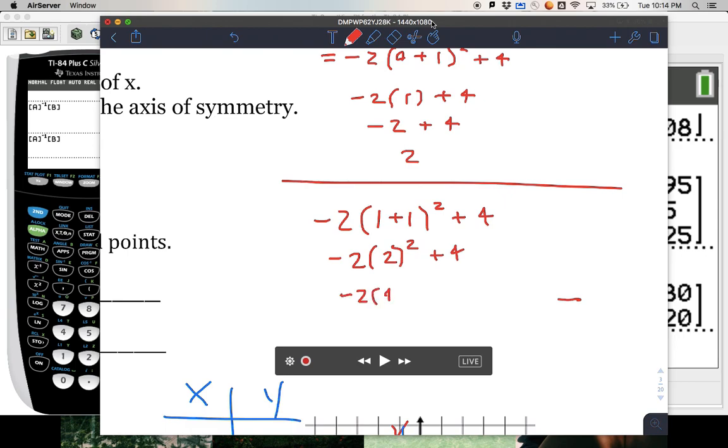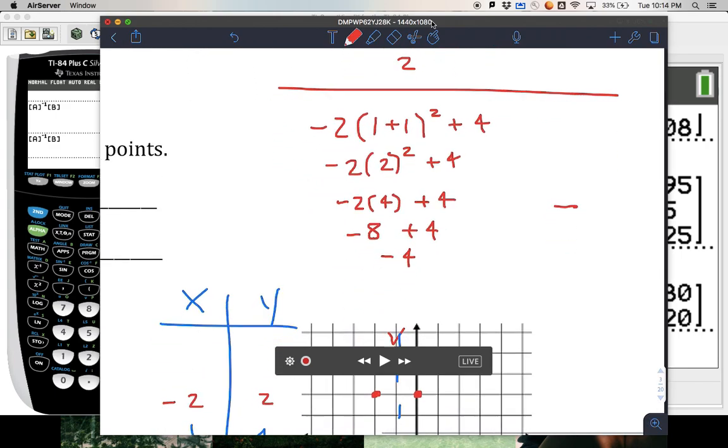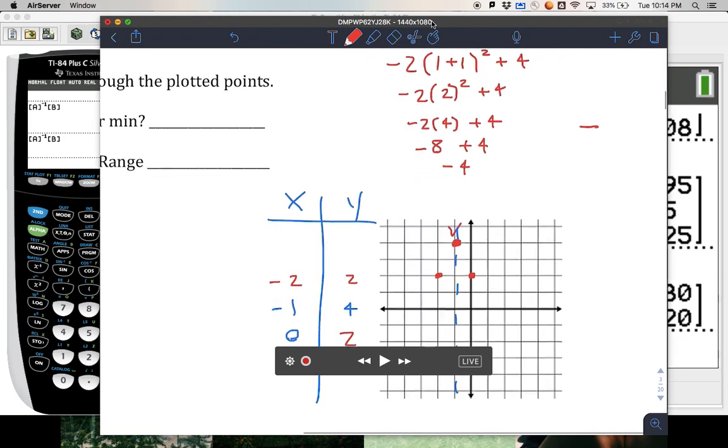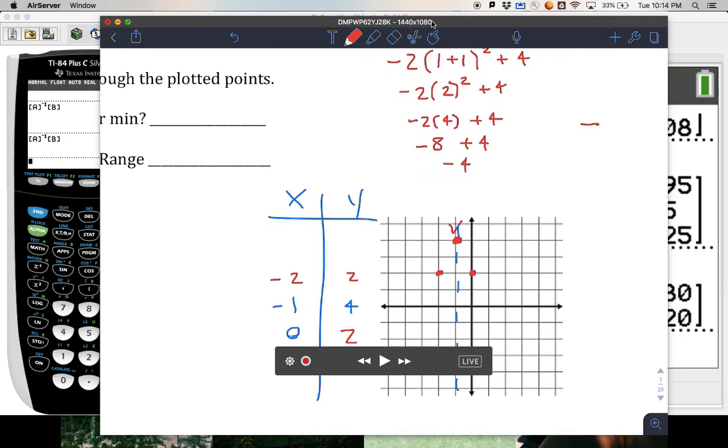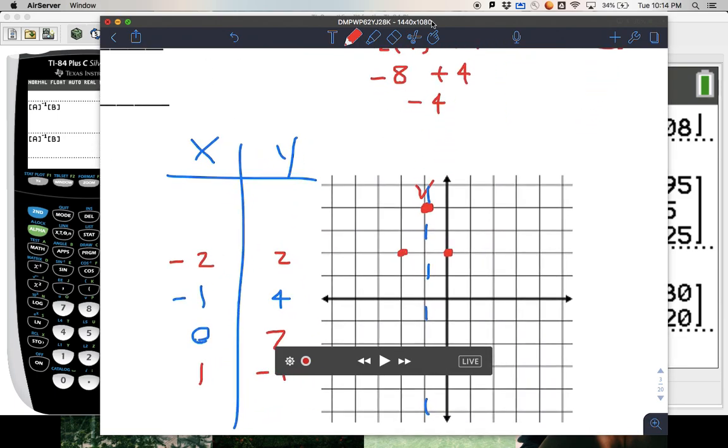So that's -2 times 4, and plus 4. So that's -8 plus 4, which is -4. So apparently when I plug in 1, I get -4. It's going to be way down there. So because of the axis of symmetry, you're going to have another point over here, and then you can get your graph.